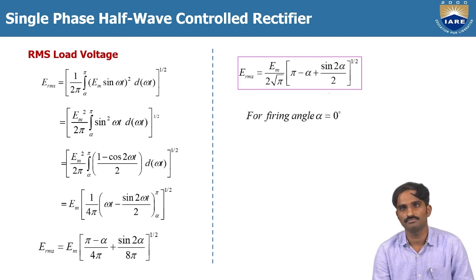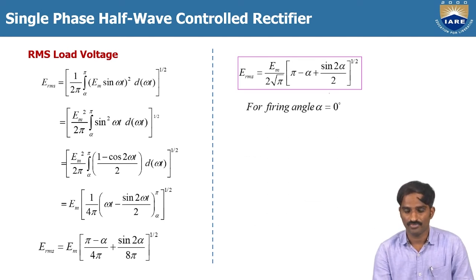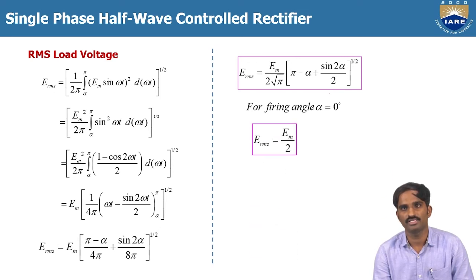Similarly, as we know, alpha is the key parameter to change the output voltage and current. Suppose the firing angle alpha is equal to 0, then we will get the maximum RMS voltage, which is ERMS equal to Em by 2. Because if you substitute alpha equal to 0, the pi gets cancelled, and sine 0 is equal to 0, so 0 by something is 0.